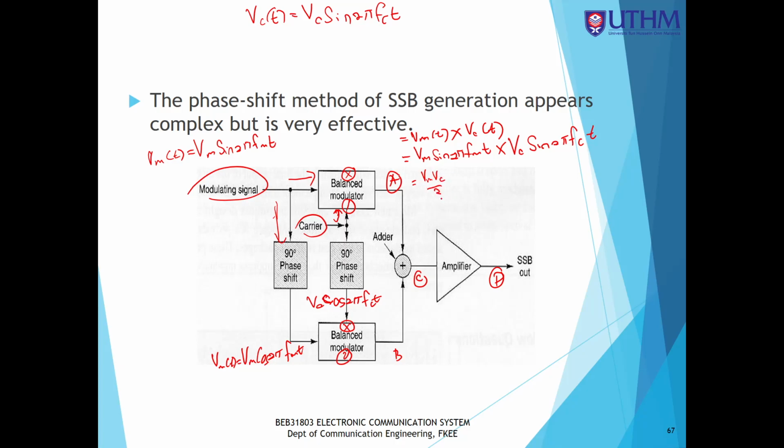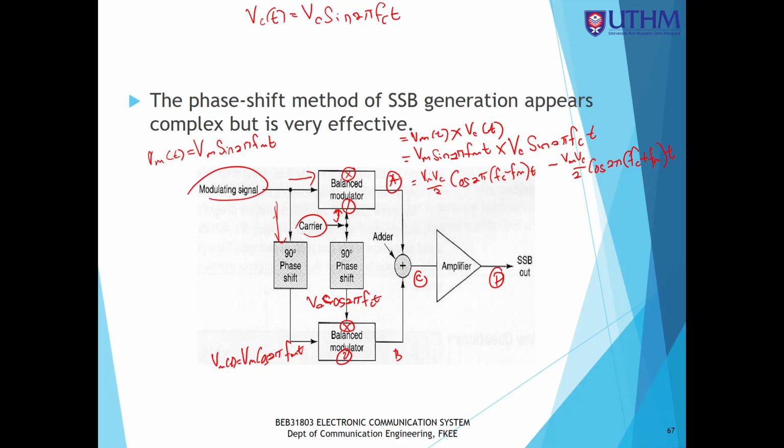So sine and sine become cos minus cos. Cos 2 pi (Fc minus Fm)T, the lower sideband, and then minus Vm Vc over 2 cos 2 pi (Fc plus Fm)T. This is the upper sideband.